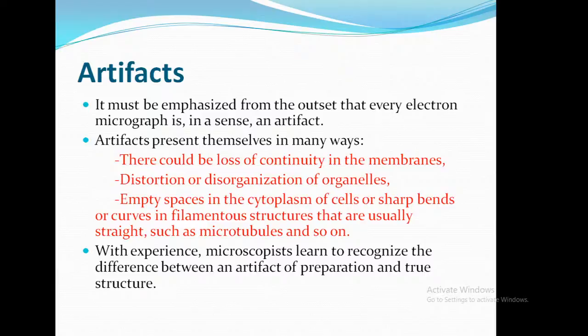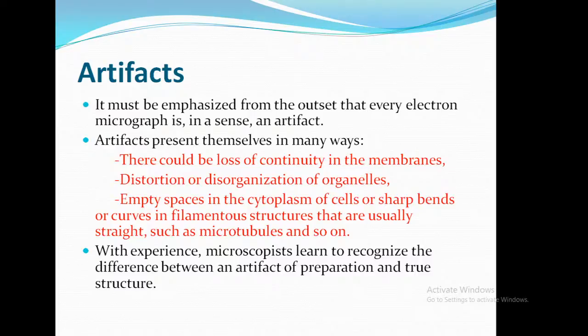Artifacts must be emphasized from the outset: every electron micrograph is, in a sense, an artifact. Artifacts present themselves in many ways. There could be loss of continuity in the membrane, distortion or disorganization of organelles, empty spaces in the cytoplasm of cells, or sharp bends or curves in filamentous structures that are usually straight, such as microtubules.